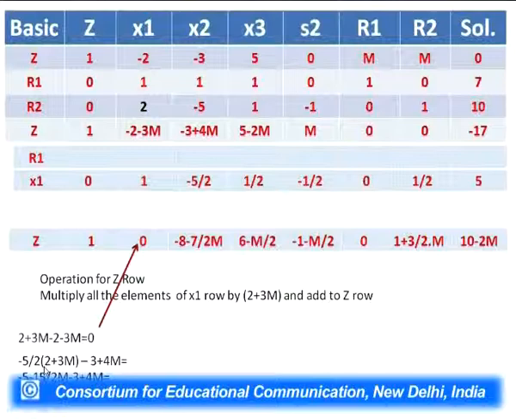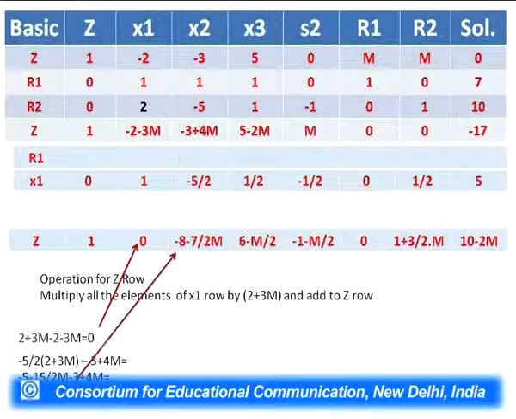I am multiplying all the values by 2 plus 3m and adding minus 3 plus 4m, and finally we will get minus 5, minus 15 by 2m, minus 3 plus 4m and 8 minus 7 by 2m, and this has been transferred here also in the Z row. Just look at the operation.